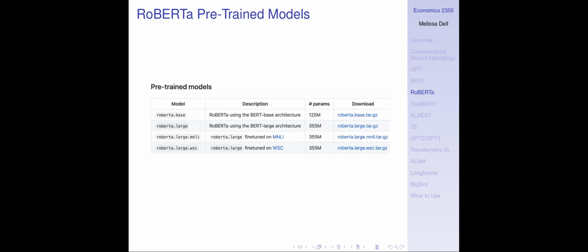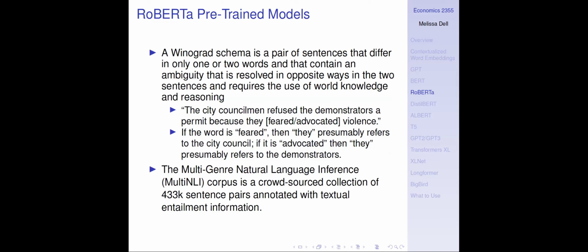One is fine-tuned to the Winograd schema, which is essentially a data set with a pair of sentences that differ in only one or two words, but contain an ambiguity that is resolved in opposite ways in the two sentences, and that requires the use of knowledge and reasoning.